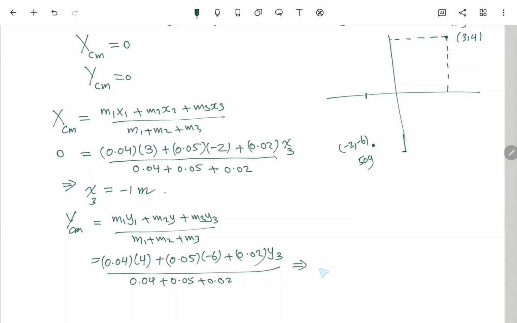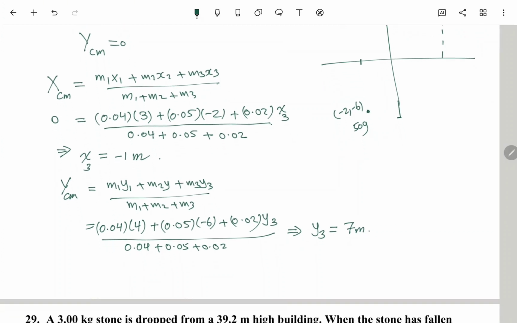In such a way, if we solve this one here, y3 will be equal to 7 meters. So the position for a 20-gram object should be placed x and y, in this case, at -1 and 7 meter.